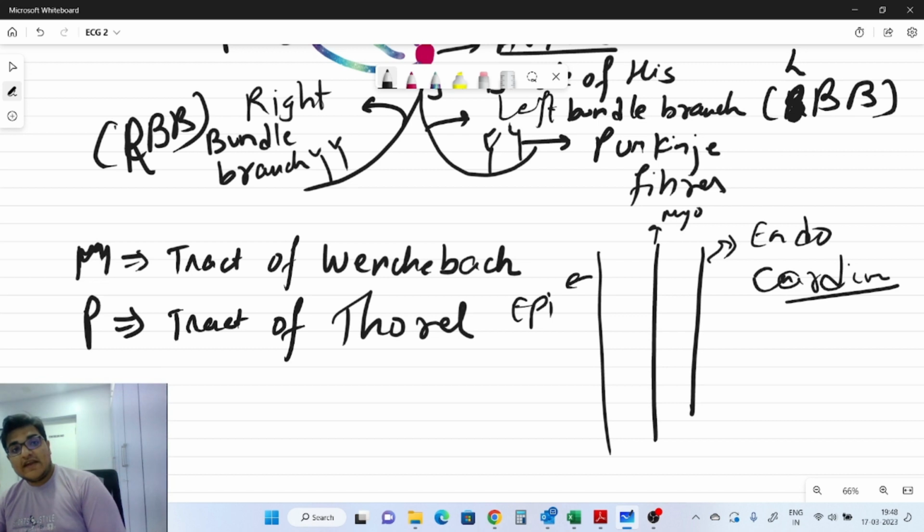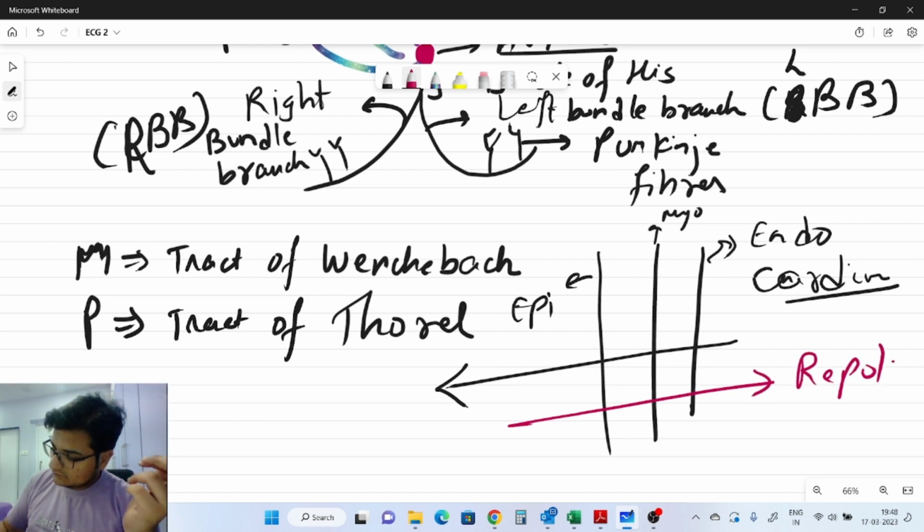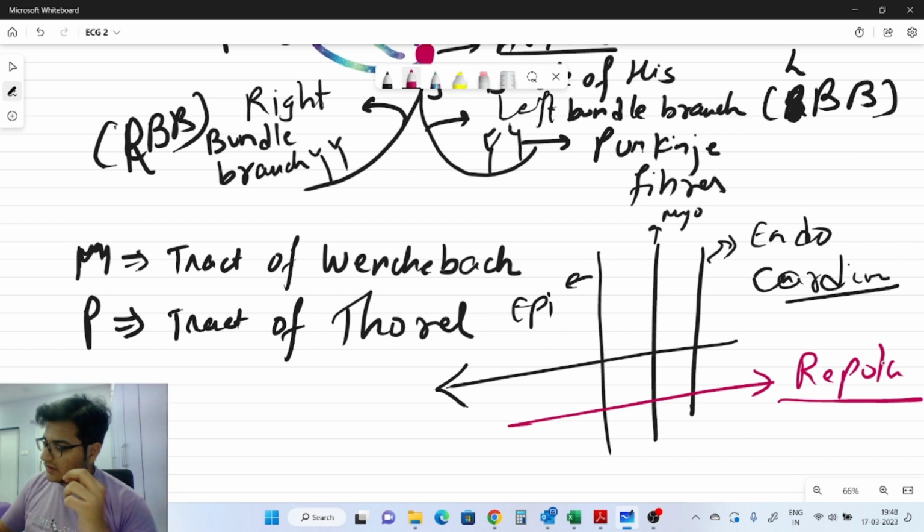So the wave of depolarization in the entire musculature of the heart is in this direction. Endocardium depolarizes first, followed by the myocardium, followed by the epicardium, and in the entire heart musculature, the repolarization wave is in this direction. The repolarization wave is from epicardium to the endocardium.